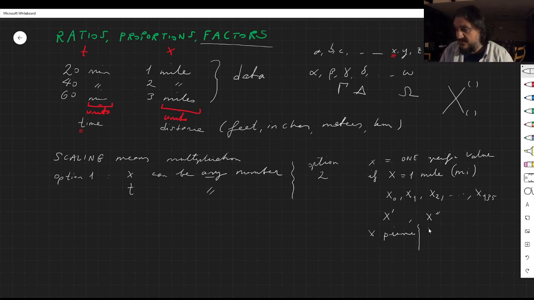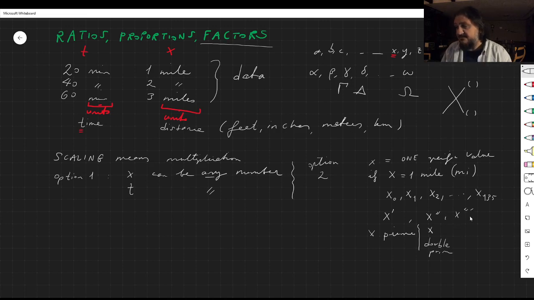So you may call this one X double prime. I'm sure you're familiar with these in math, but let's just review, right? X double prime. That's how you name it. Or X triple prime, why not?